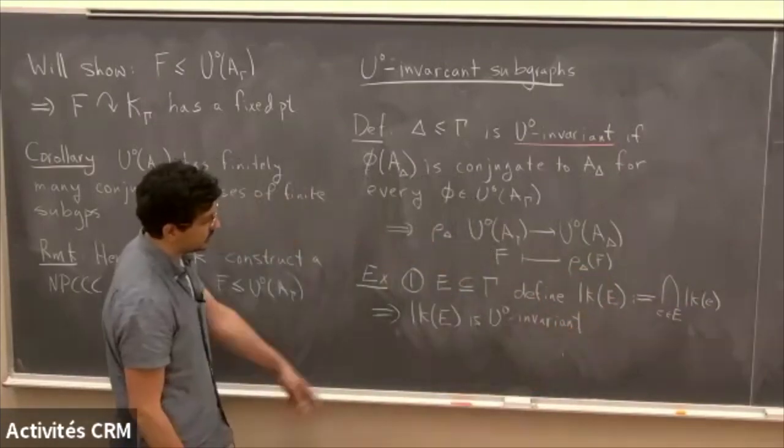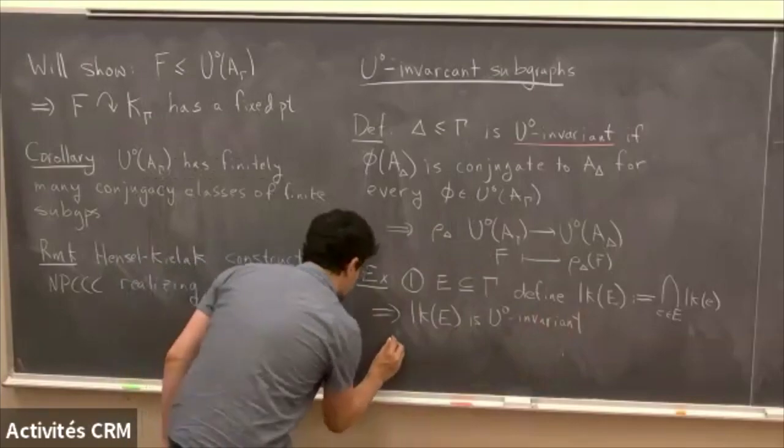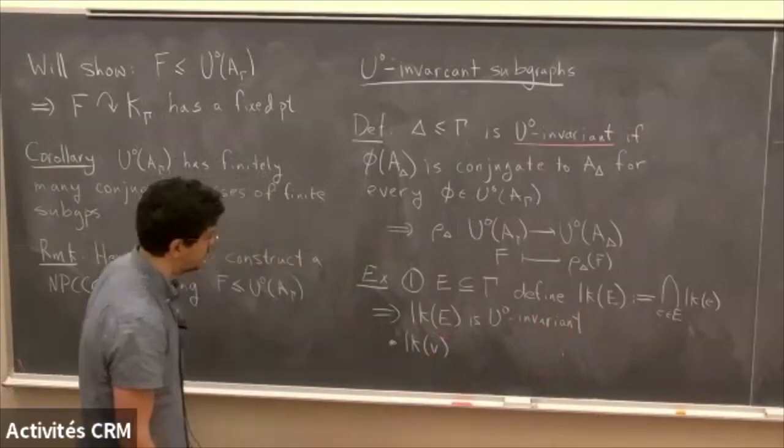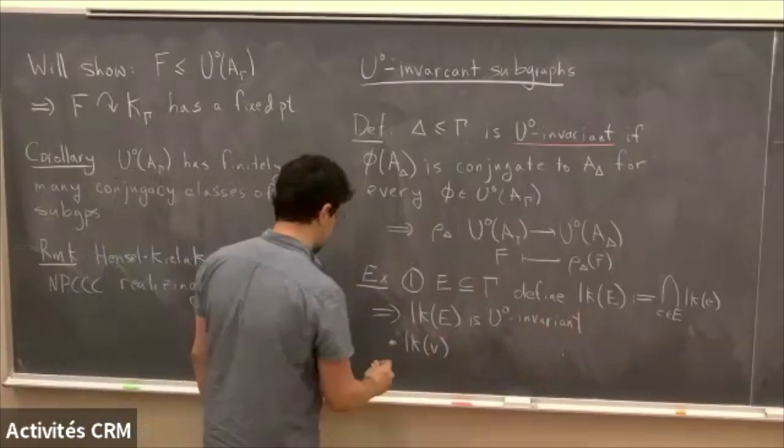And of course, this intersection might be empty, but in many important cases, it's not. So for example, the link of any generator is U0 invariant.